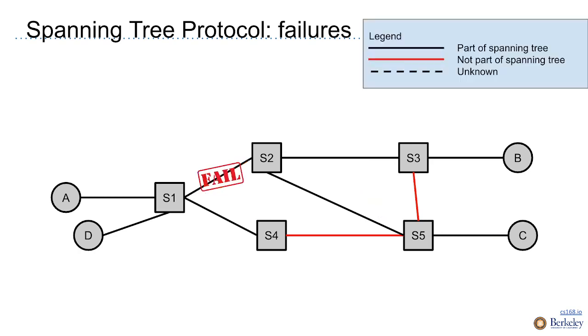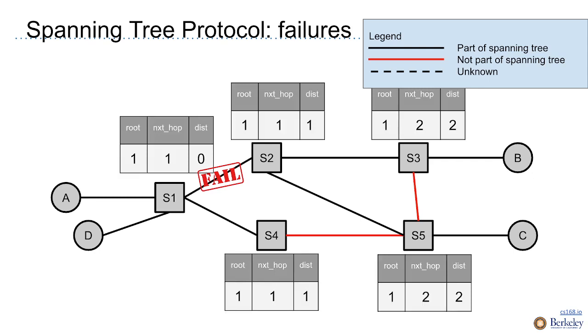Okay, so what happens when something fails? So we no longer have a spanning tree, right? And then we need to go back and construct it. So we start again, S1 being root? Would the root change?